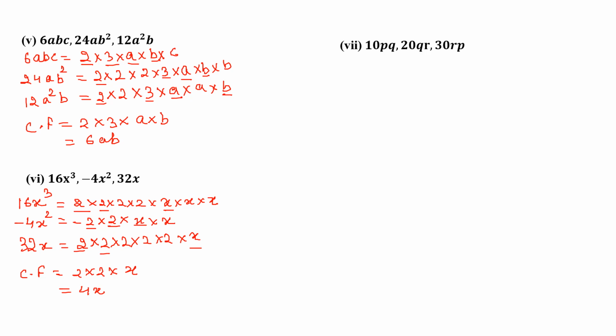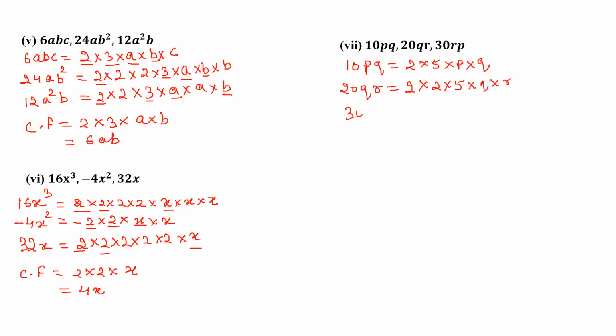Next, seventh one is 10pq. 10 I can write as a product of 2 and 5, so 2 into 5 into p into q. Then 20qr will be 2 times 10, so 2 into 2 into 5 into q into r.